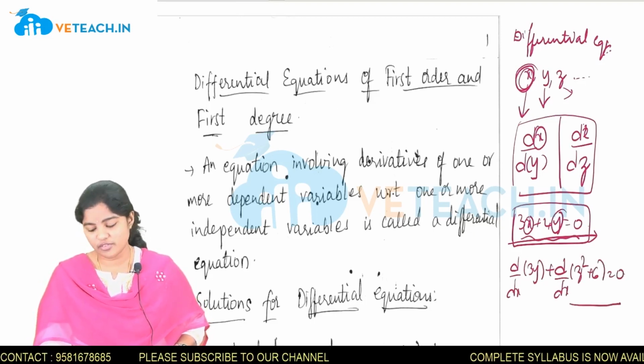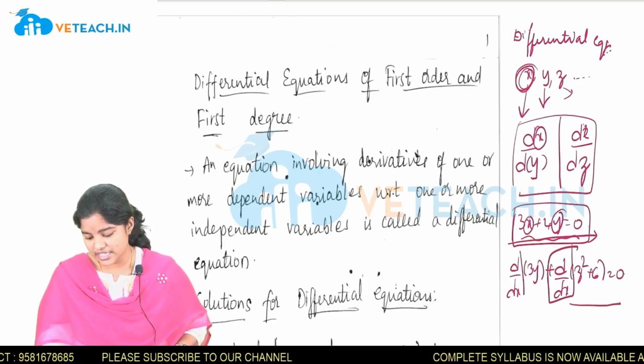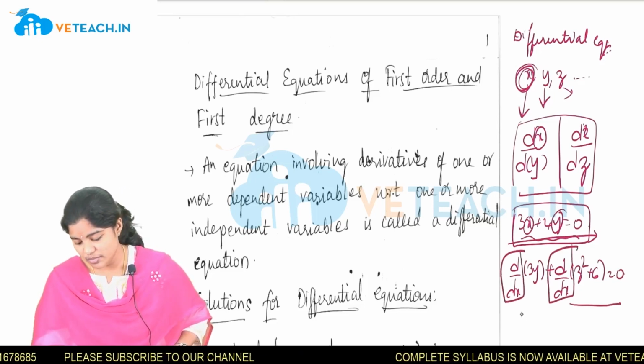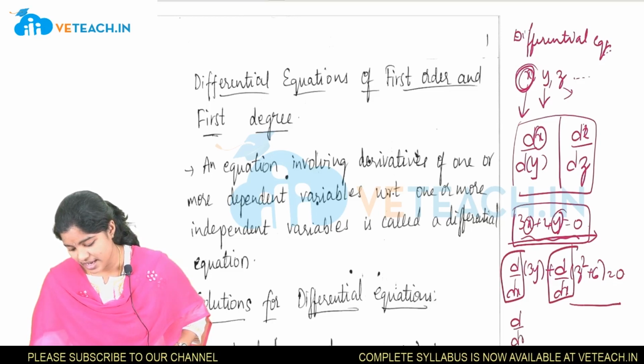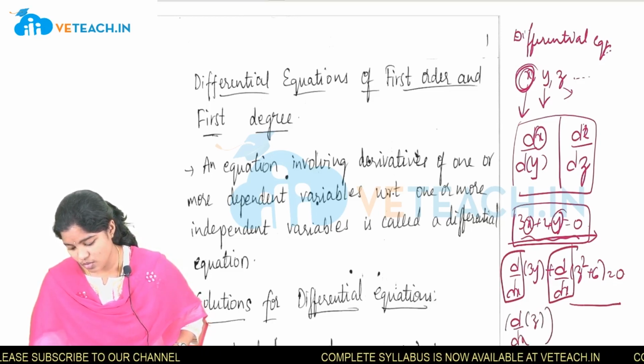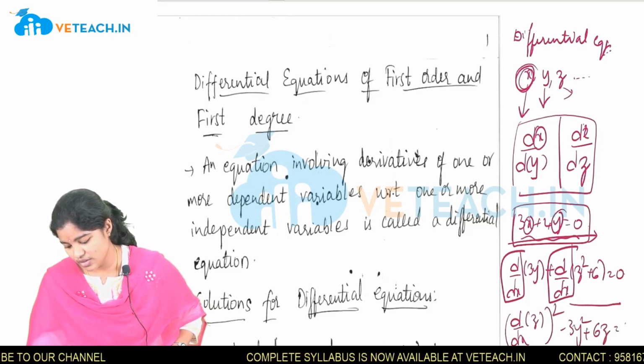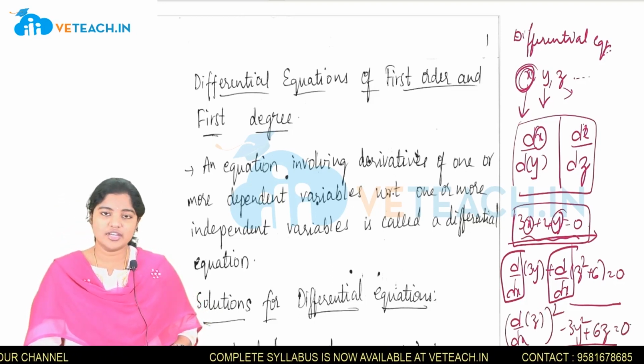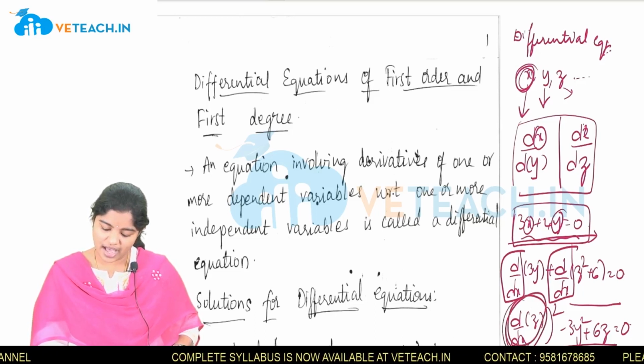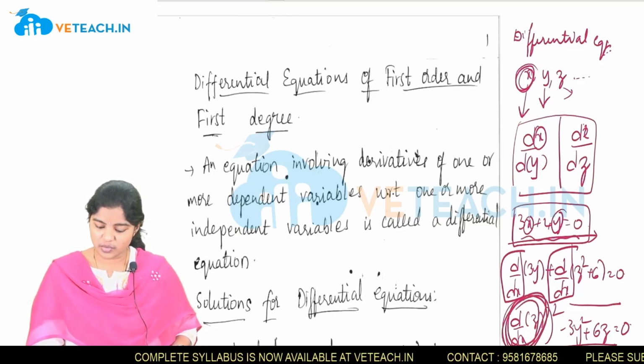This is a differential equation because we have derivative terms in this equation. Similarly, d by dx of z whole square minus 3y square plus 6z is equal to 0. This is a differential equation because we have differentiation in this equation.